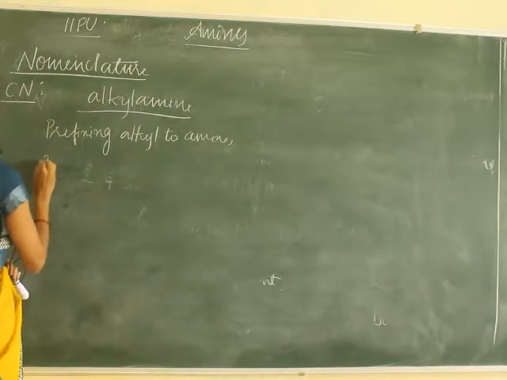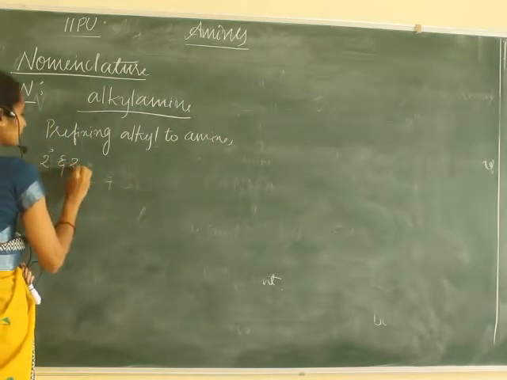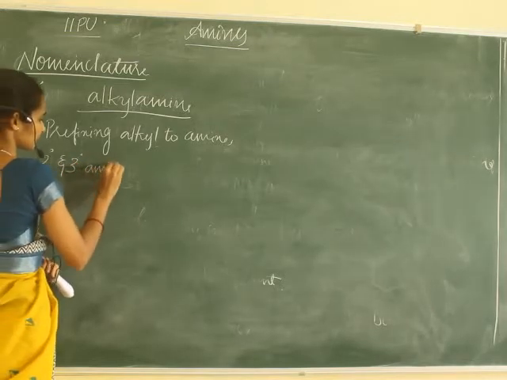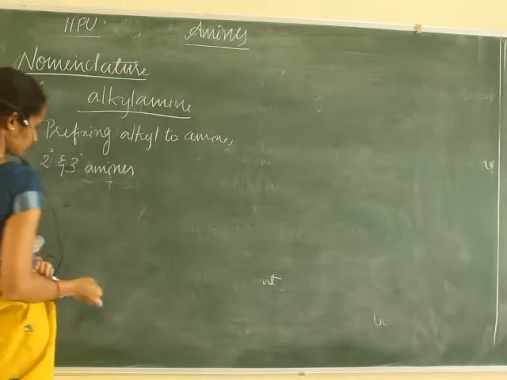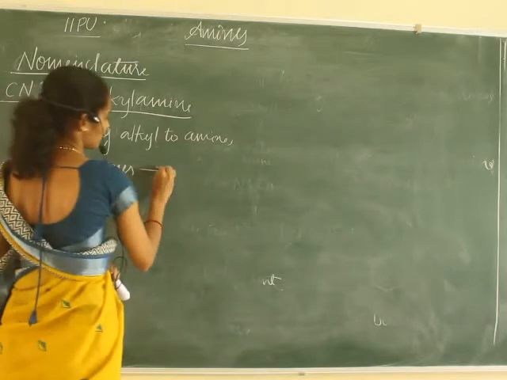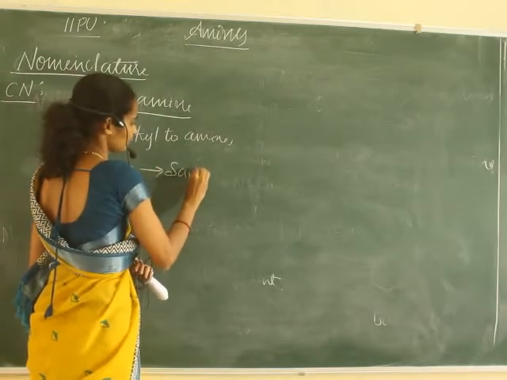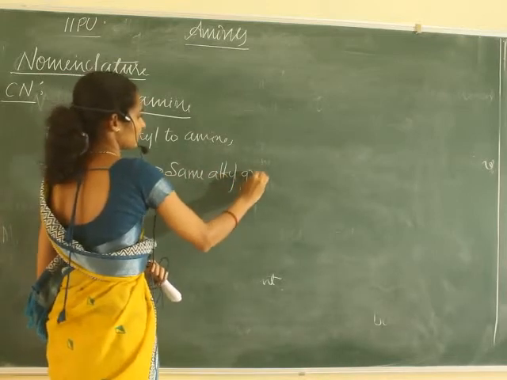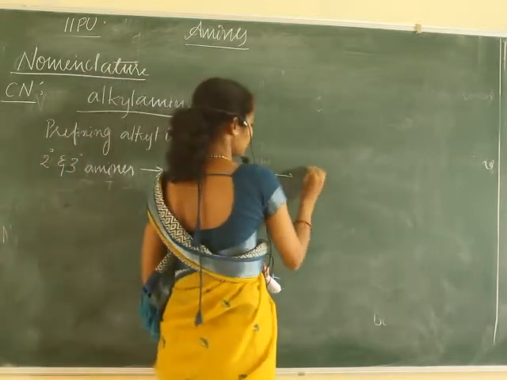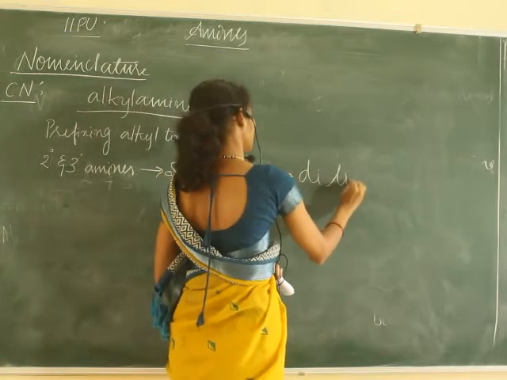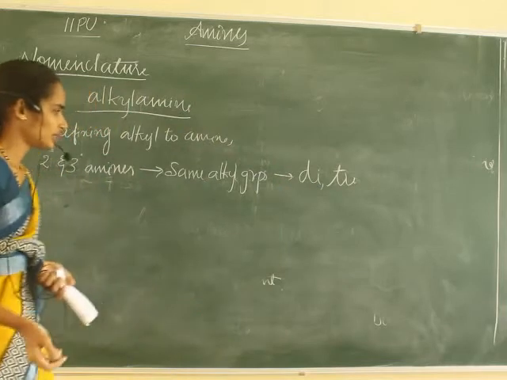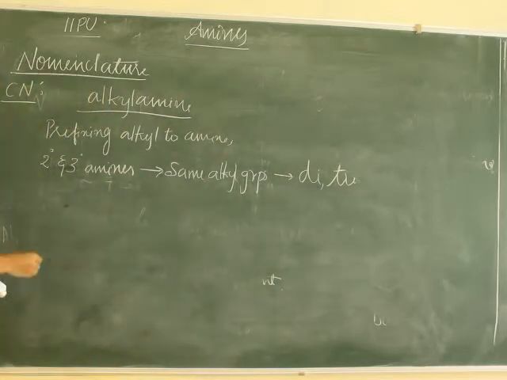Next, in case of secondary and tertiary amines, if there are the same alkyl groups, then we use di, tri, etc. Only di and tri, that is, the multiplicative prefix.